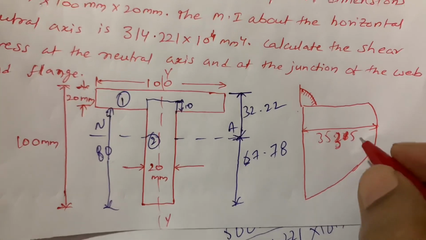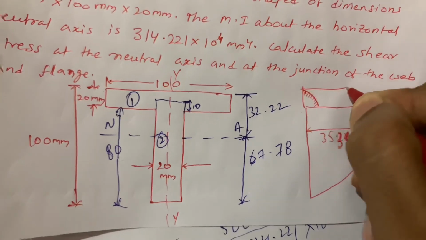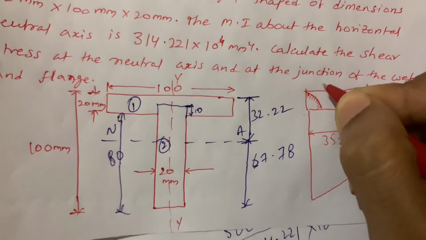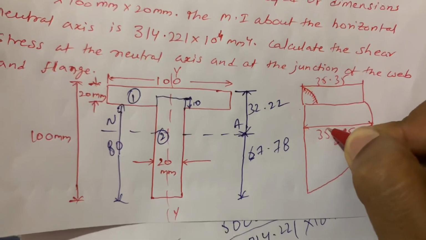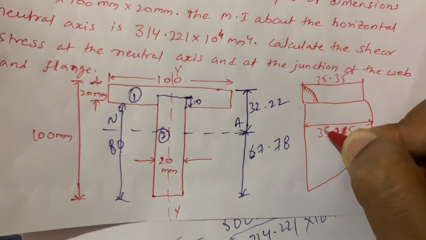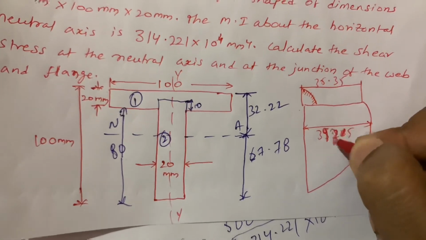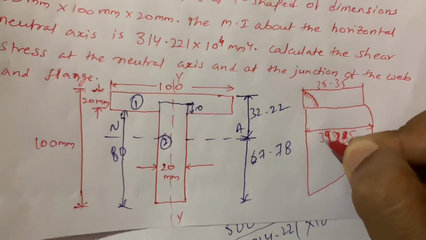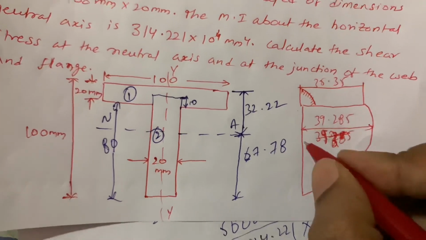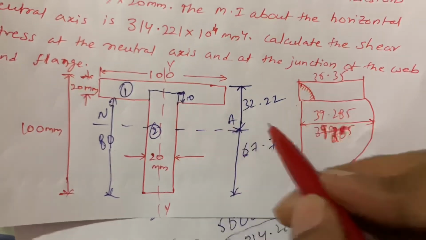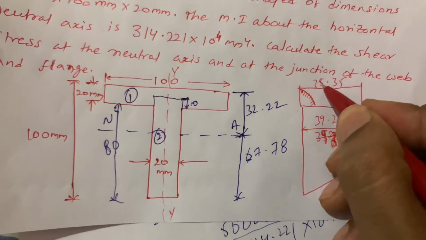I hope you understood this. Sorry, from here to here it is 35.35, and this one is tau max, that is the maximum, 39.285. So this is the final value, 39.285, and at the junction portion it will suddenly increase to 35.35.